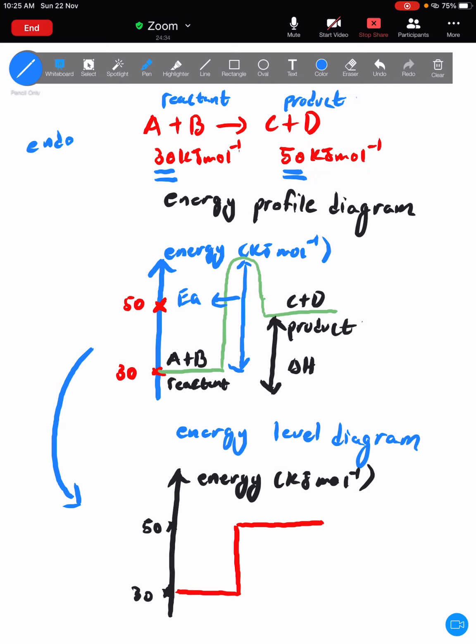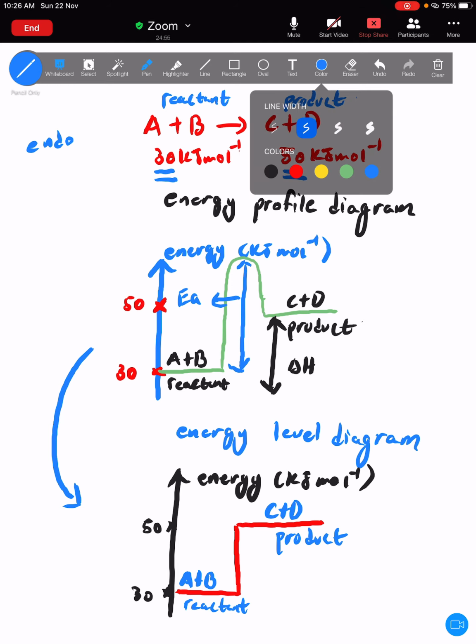Of course, you need to label. This is your A plus B and the C plus D. And this is your energy. This will be your reactant, and this will be your product.